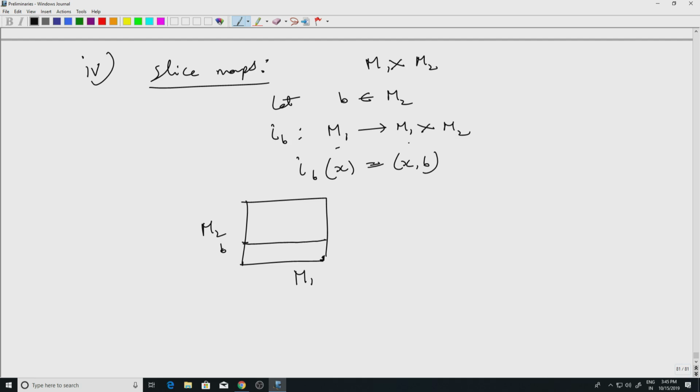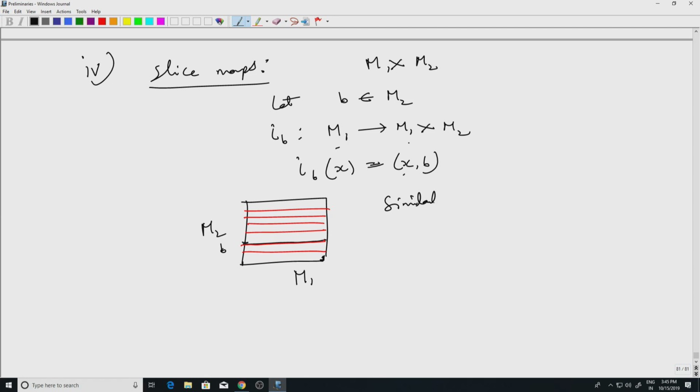The second coordinate is fixed to be B, and the first coordinate X varies over all points of M1. So the picture sort of illustrates why this is called a slice. All these are horizontal slices. Similarly, I have vertical slices as well.